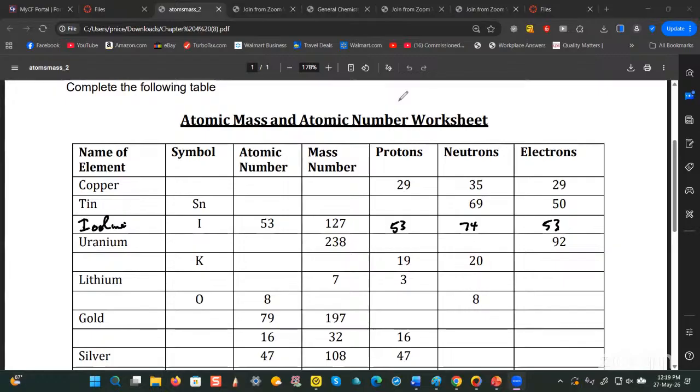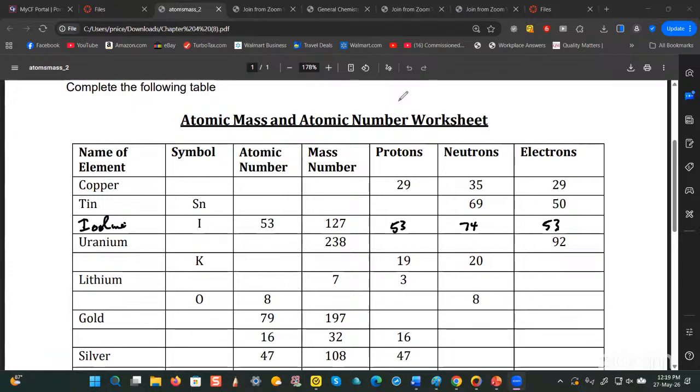Nickel. Okay, what about nickel? There's no mass number or neutrons listed, so I can't fill it in.